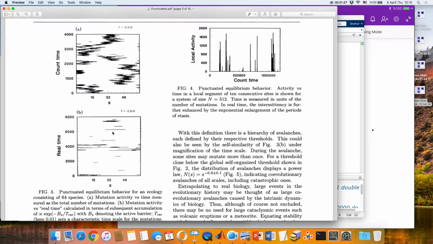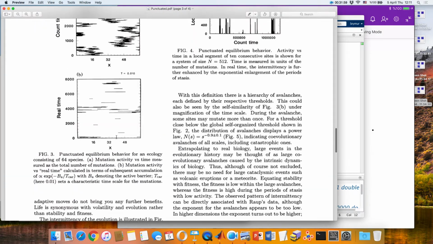How do they do it? They say that if the barrier is low, then the change will occur in shorter time. Okay? Sorry, exponentially shorter time, actually. So if you include that modification, then it looks much more like punctuated equilibrium, because you come here, nothing happens, suddenly something happens. Okay?